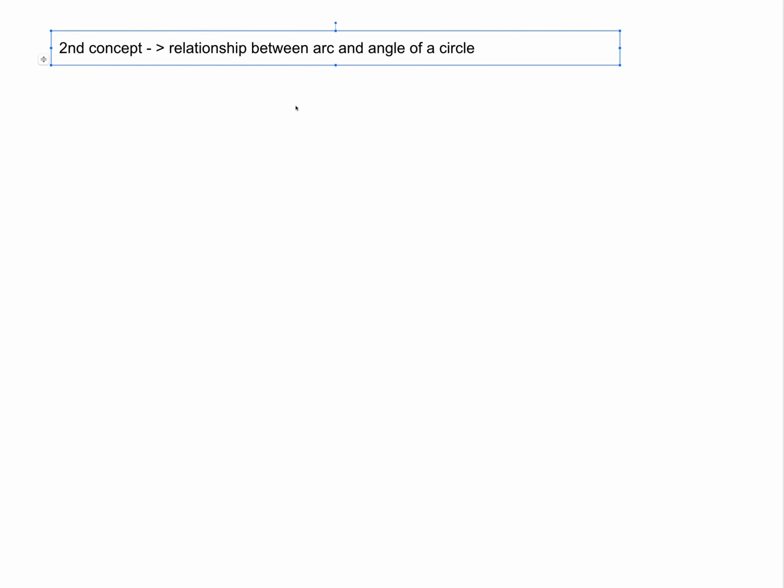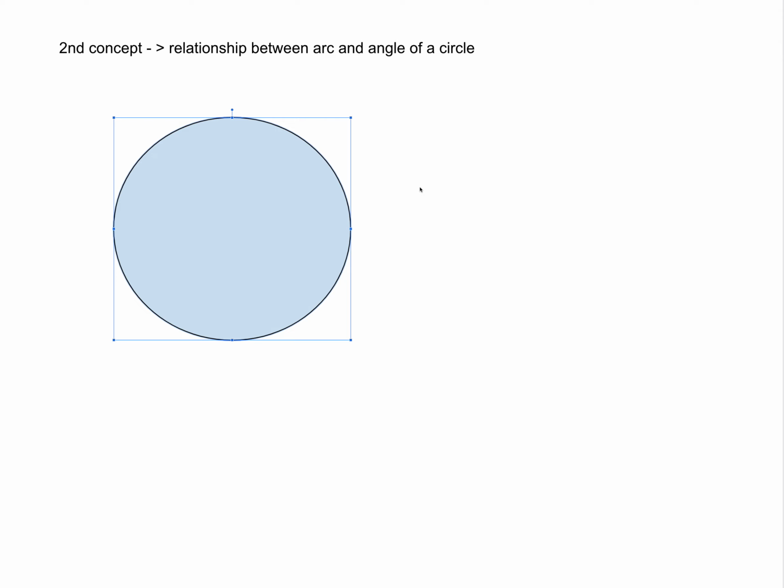So this is how it works actually. Suppose there is a circle like this. And we'll draw 2 radii from here to here and from here to here.